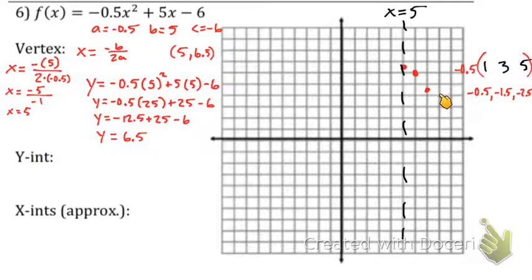I do the half first because we're halfway, half and then 2 more. Okay, and then copy those to the other side. And here's our graph.